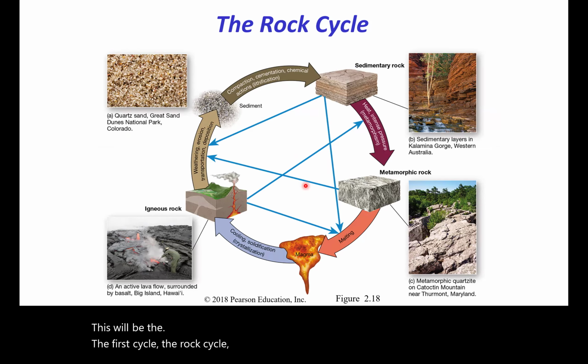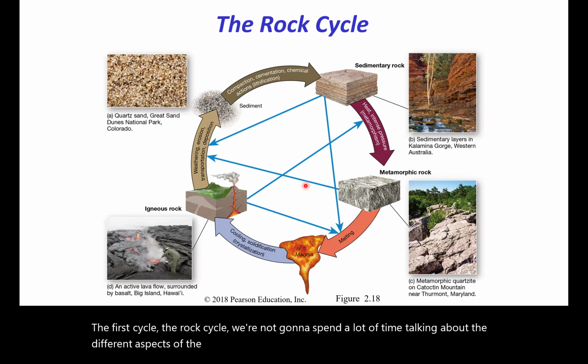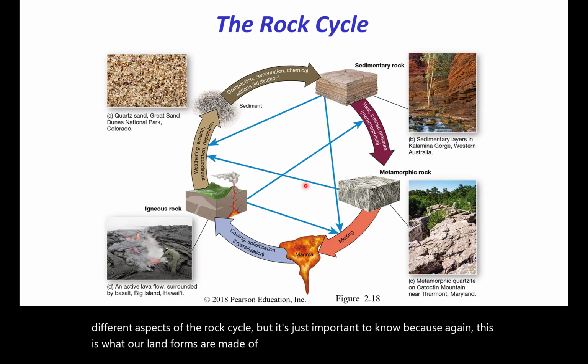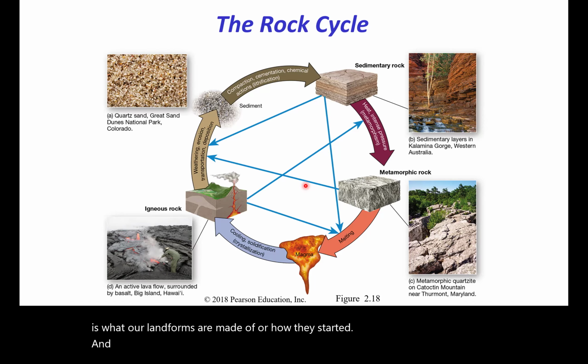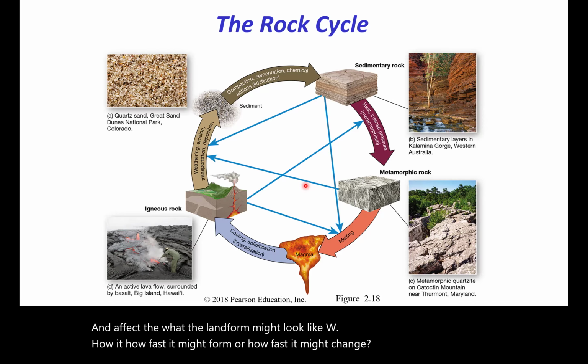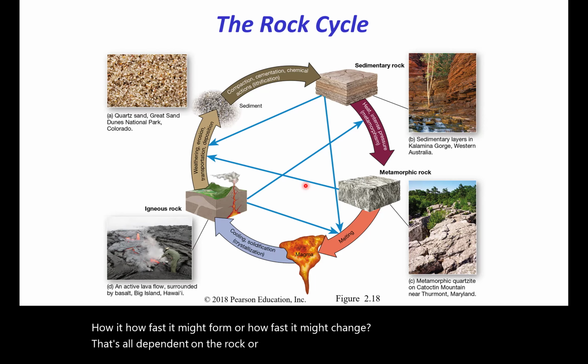We're not going to spend a lot of time talking about the different aspects of the rock cycle, but it's important to know because this is what our landforms are made of, or how they started, and affect what the landform might look like, how fast it might form or how fast it might change. That's all dependent on the rock or the sediment properties.